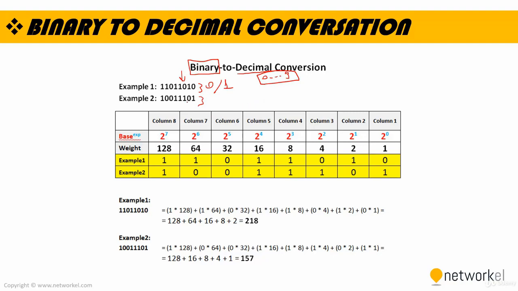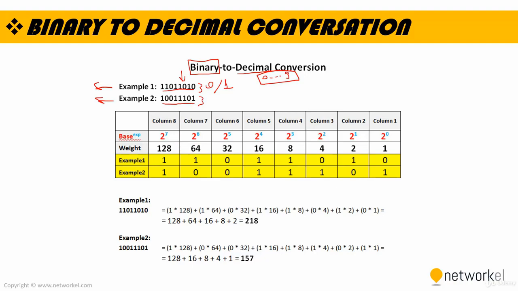Okay, let's take a look at our examples. For the first example, I'm writing this number, as you can see. And I'm writing example 2 also, 100111101. And let's make our conversion.